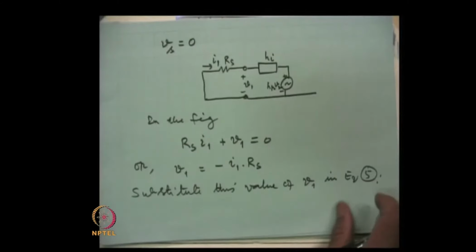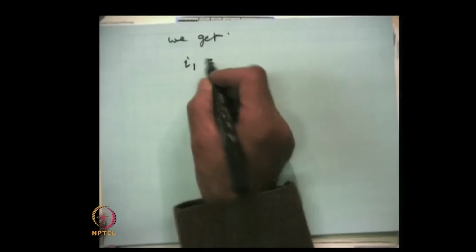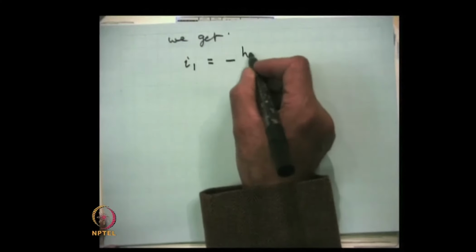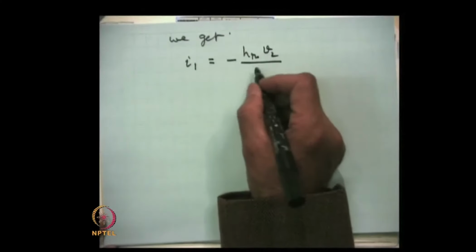Then what do we get? We get the value of I 1 equal to H r V 2 over H i plus R s.